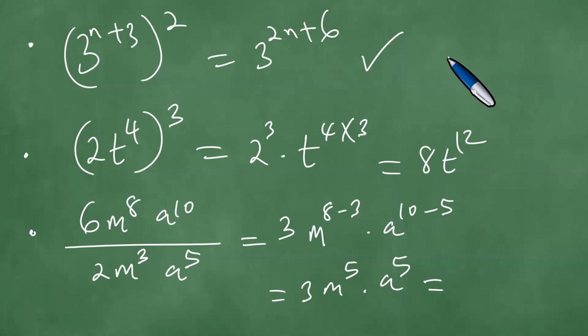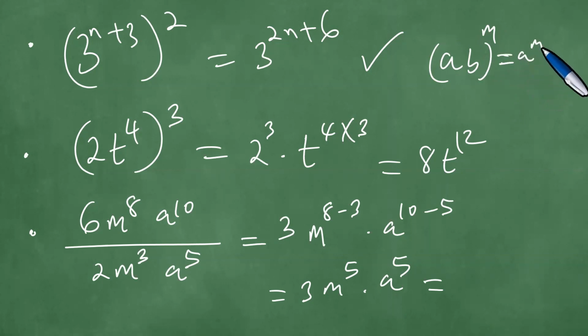You use the law: (ab) to the power m is a to the power m, b to the power m. In which case, this one is going to be 3 (ma) to the power 5 altogether.